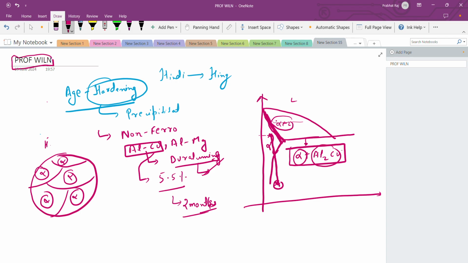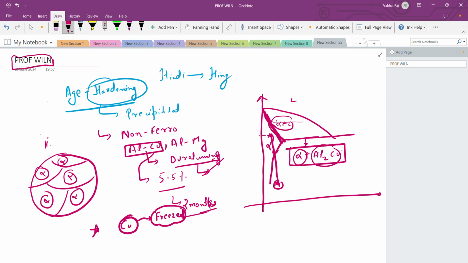So a conclusion was drawn that due to quenching, this copper which is present in aluminum is not combining with aluminum to form Al2Cu. It is frozen at its position due to rapid, sudden quenching. Copper is like it is in shock. What has happened? Sudden quenching is rapid cooling. Copper did not understand what has happened to it.